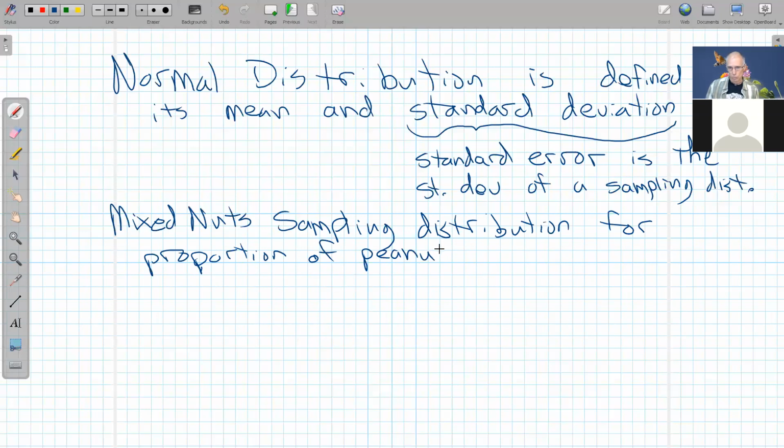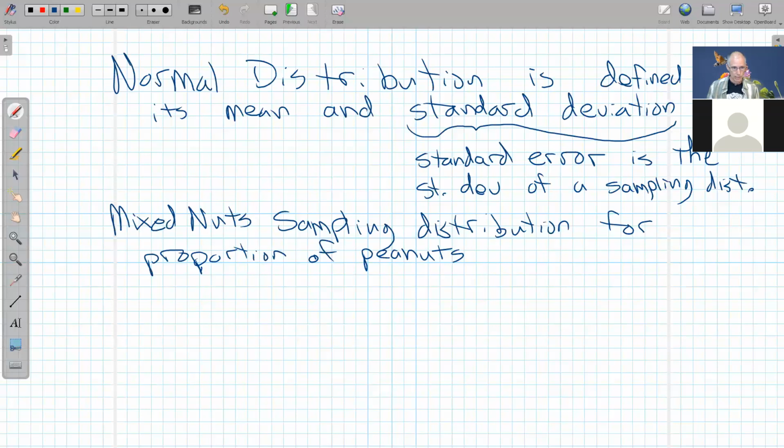And again, what does that mean there? Whether something is a peanut or not is a qualitative variable, a categorical variable, and we can't take a mean of a categorical variable because you can't just add up the word peanut, peanut, peanut. Doesn't make any sense. But you can say there were 240 peanuts and there were 357 nuts.